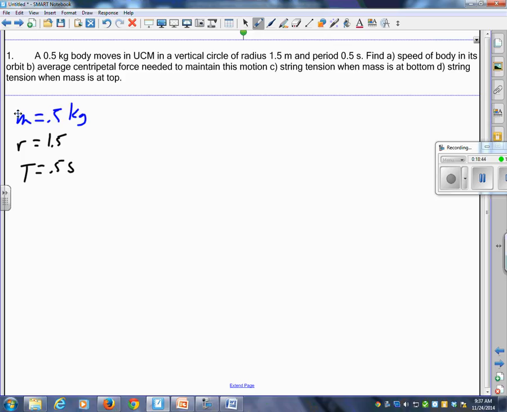Okay, so the first couple are sort of introductory ones that you should already be able to do. So we're trying to find the speed of the body in its orbit. V, and this is actually V bar. We're going to have to go back to the days of talking about average velocity. V bar is equal to 2 pi r over t from last week.